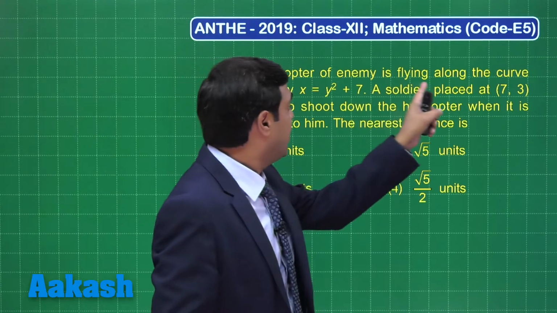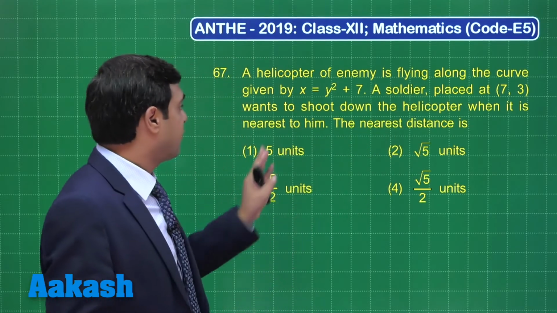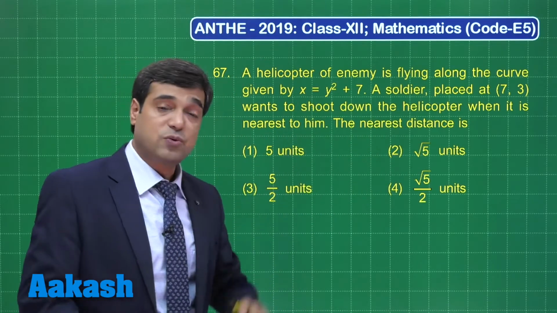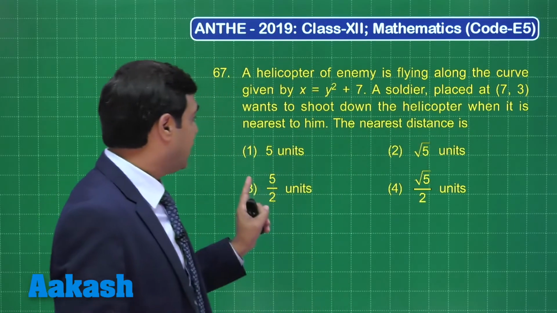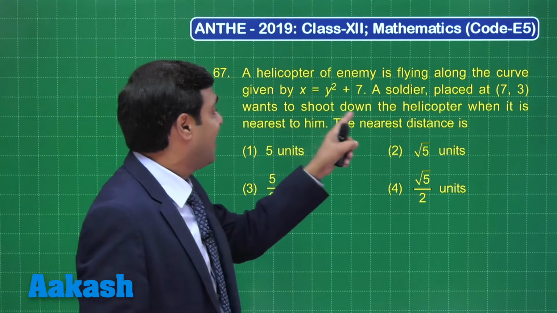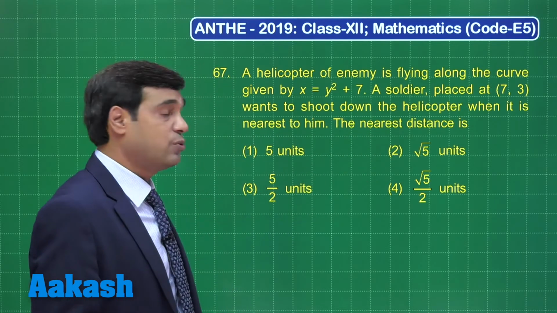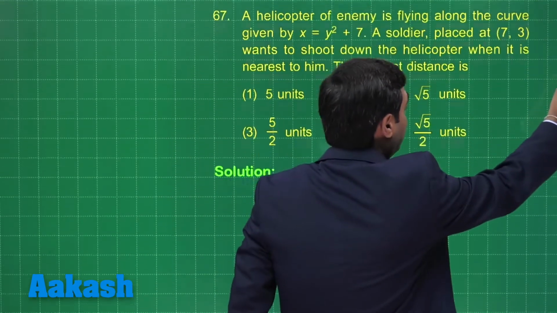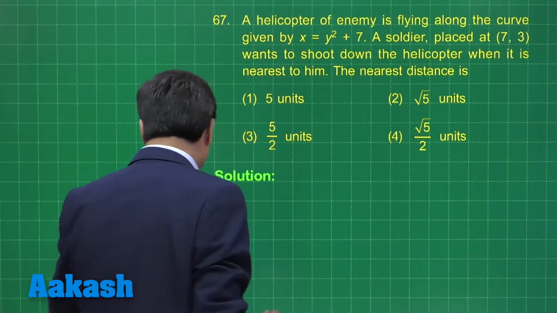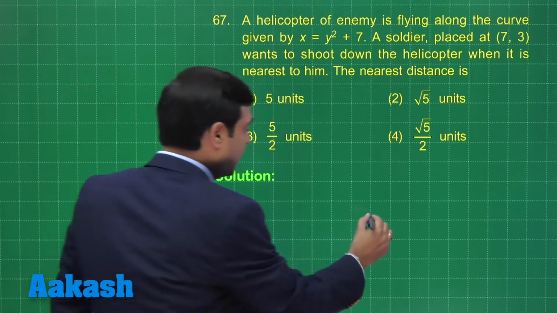A helicopter of the enemy is flying along the curve given by x = y² + 7. A soldier placed at (7, 3) wants to shoot down the helicopter when it is nearest to him. The nearest distance is? Now let's understand how we can solve this question. First, let's trace the given parabola.